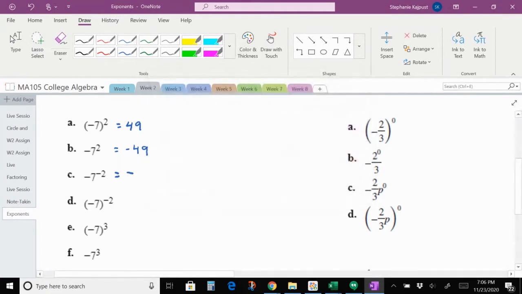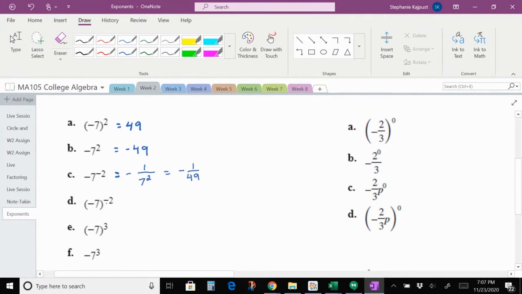So that will give us a -(1/7) squared, because to make that exponent positive, we have to take the 7 and turn it into 1/7, and then that exponent is still attached to that 7. And then we take 7 and we square it, so this is going to give us -1/49.